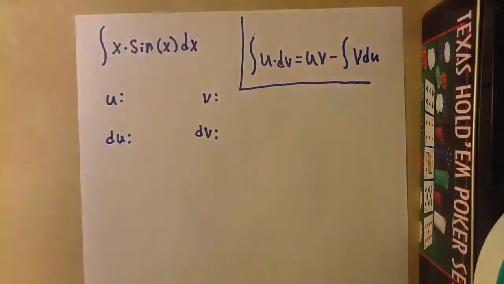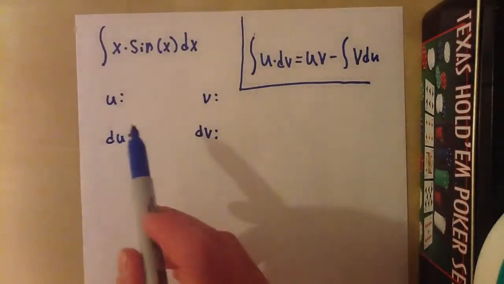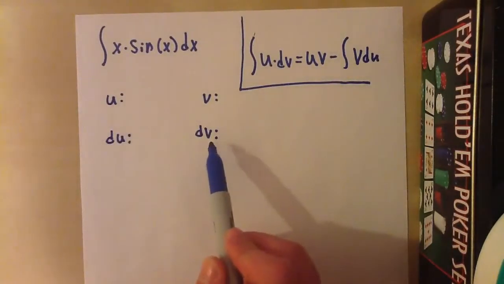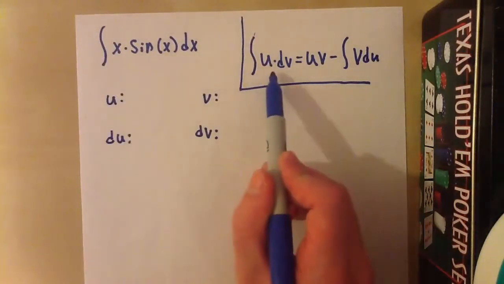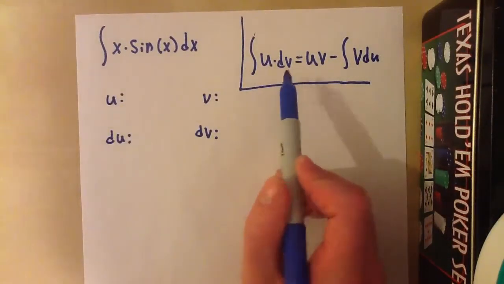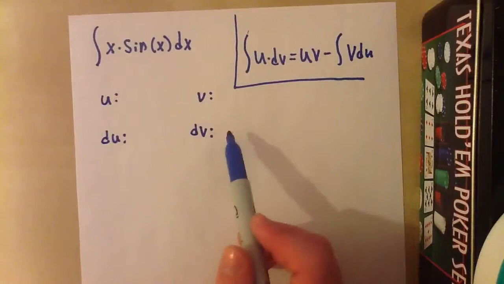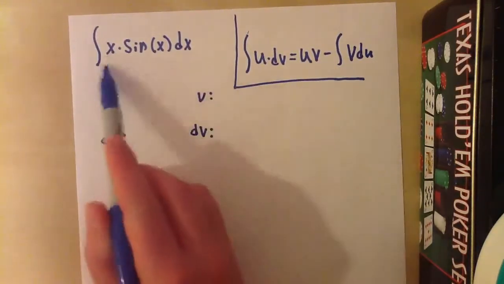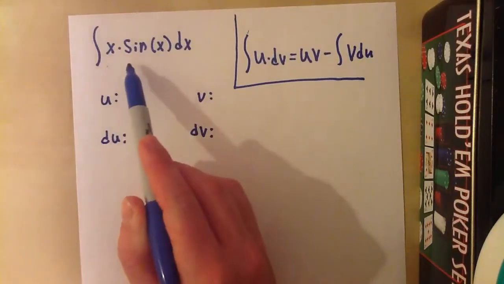And when you're trying to figure out what you want your u and dv to be, because this expression is just a u times a dv, you really want to think ahead. Do you want to anti-differentiate x, or do you want to anti-differentiate sine x?